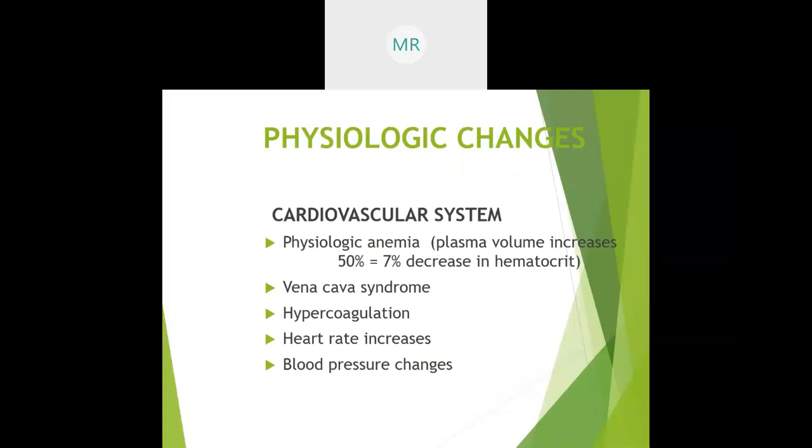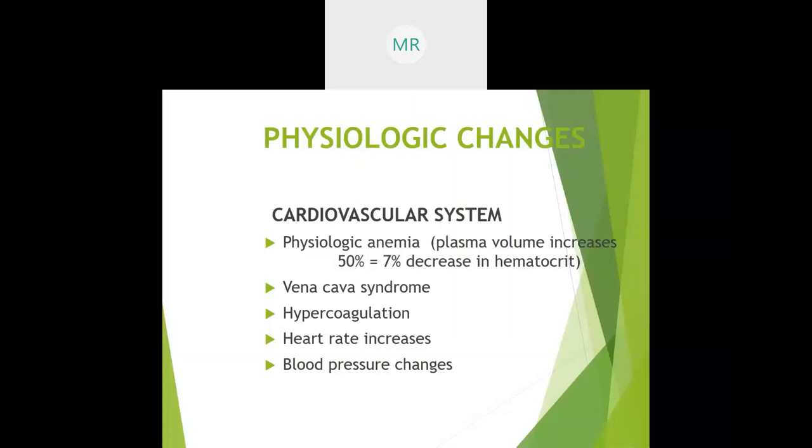Cardiovascular system. There is a state of hemodilution, which we call a normal physiologic anemia. Okay? And that's when the plasma volume increases about 50%, 7% decrease in hematocrit. And that's because the plasma levels increase and it exceeds the increase in the red blood cell production.